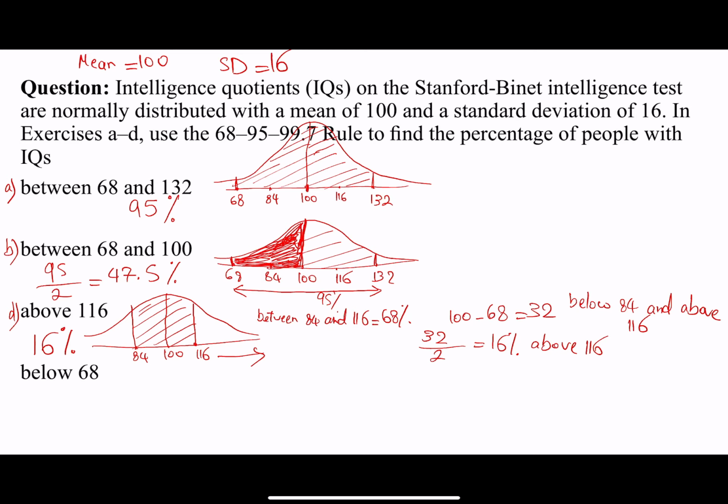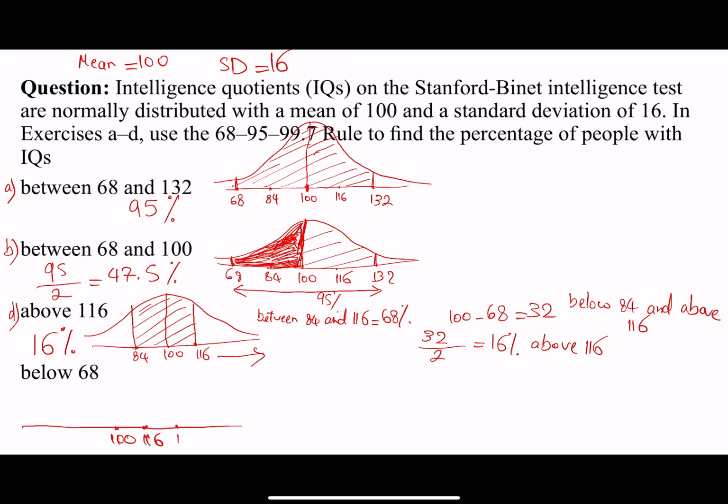What about lower than 68? Okay, lower than 68. I draw the graph again. Mean value is here, right in the middle, 100. One standard deviation higher is 116.